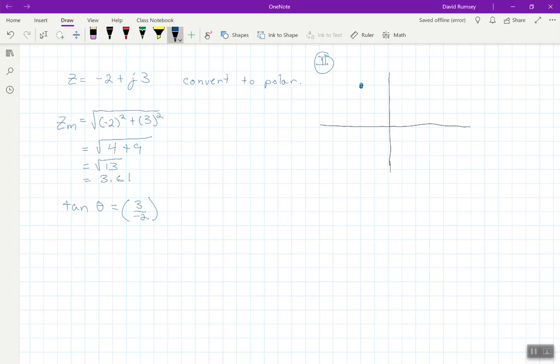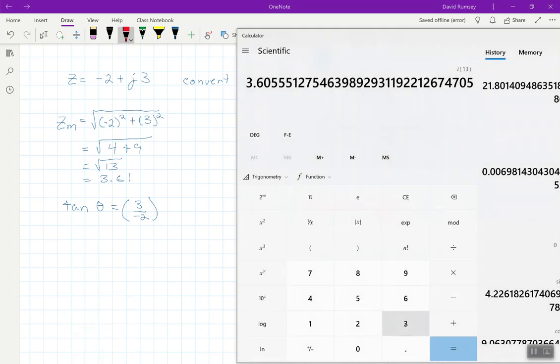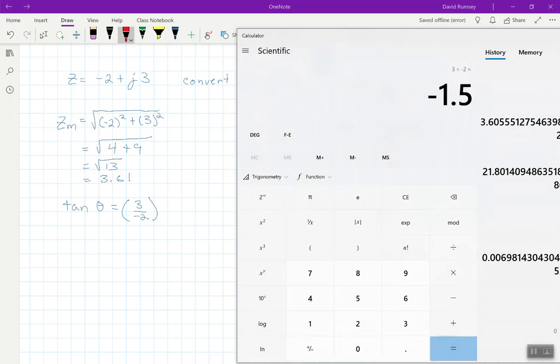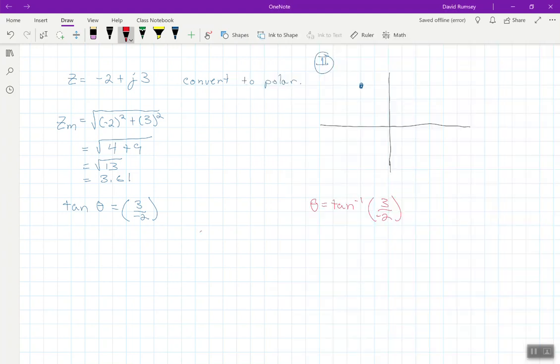Now, if I were to just do theta equals the inverse tangent of 3 divided by negative 2, let's see what we get. Well, 3 divided by negative 2 is negative 1.5, of course. And then we do inverse tangent. I get negative 56.3 degrees.